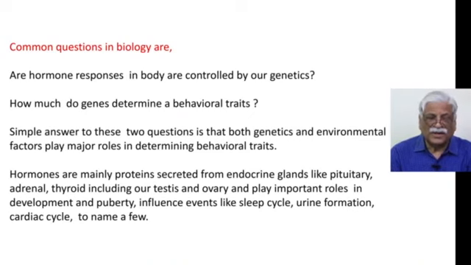Now, another question: how much do genes determine a behavioral trait? Well, the simple answer is that both genetics and environmental factors play a major role in determining our behavioral traits.